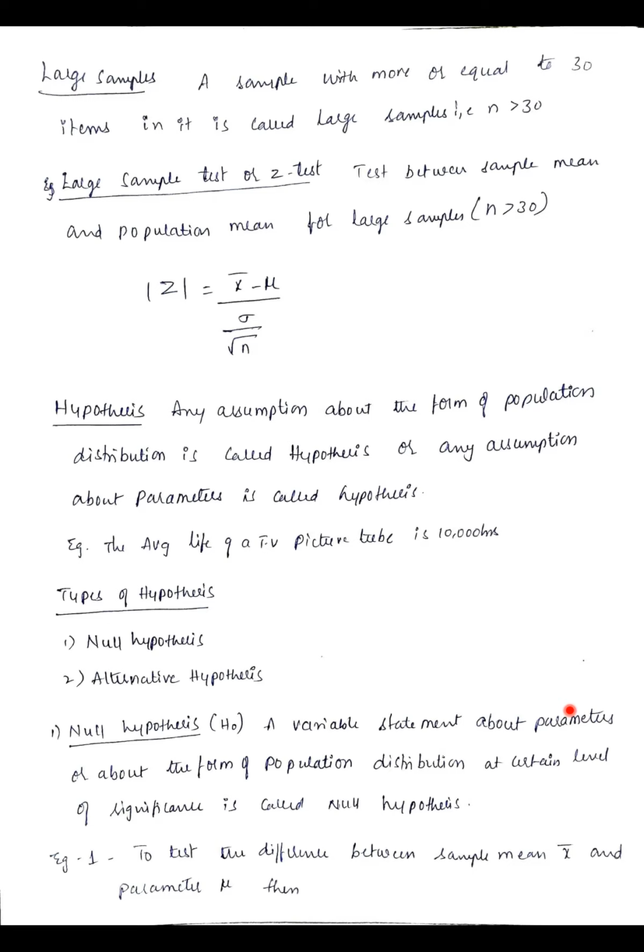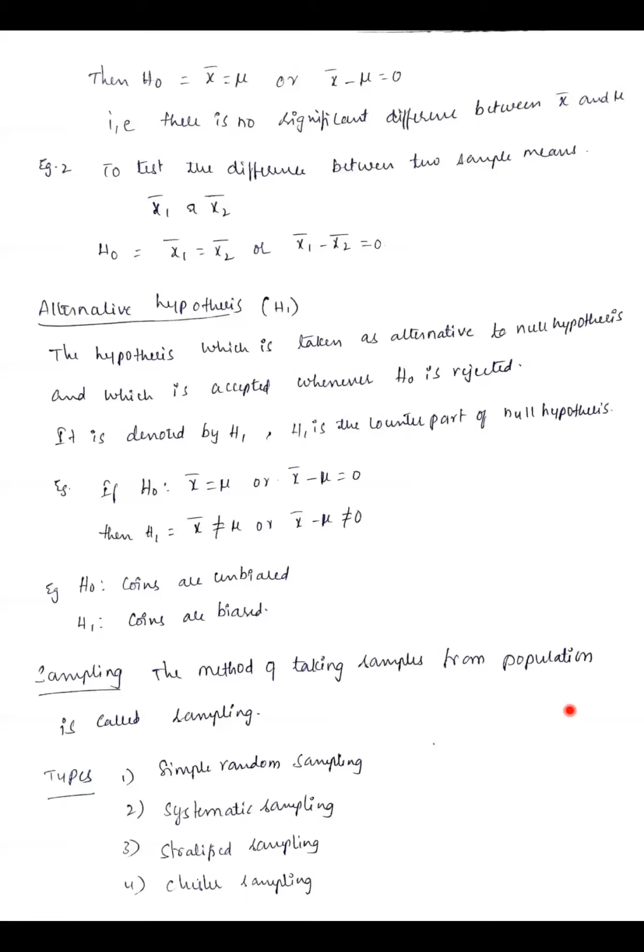This is an important term: at a certain level of significance. For example, to test the difference between the sample mean, x bar, and the parameter mu, the null hypothesis is x bar equals mu, or x bar minus mu equals 0. That means there is no significant difference between x bar and mu.